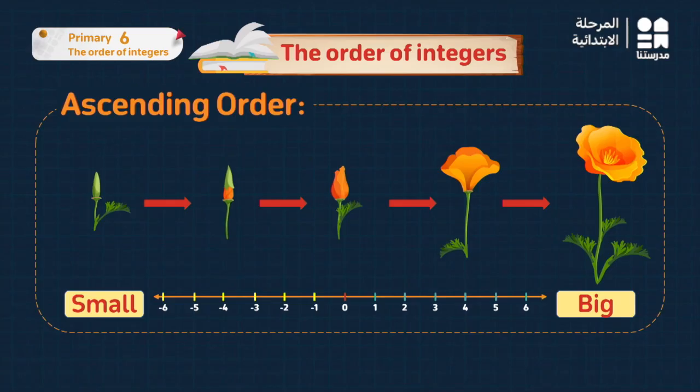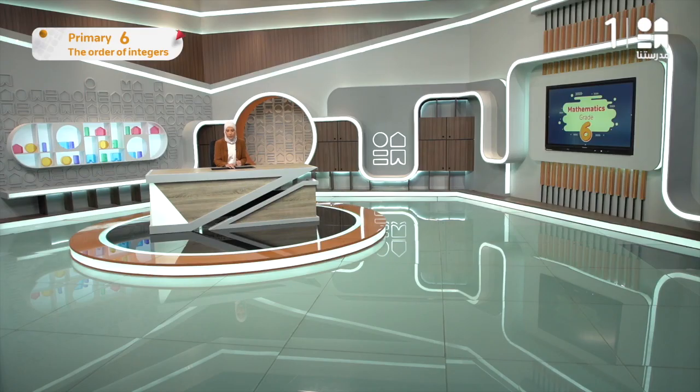And 1, 2, 3, 4, 5 until we get to 6 and bigger than 6. So if you note that -6 is the smallest integer I have here, and the biggest integer I have here is 6.